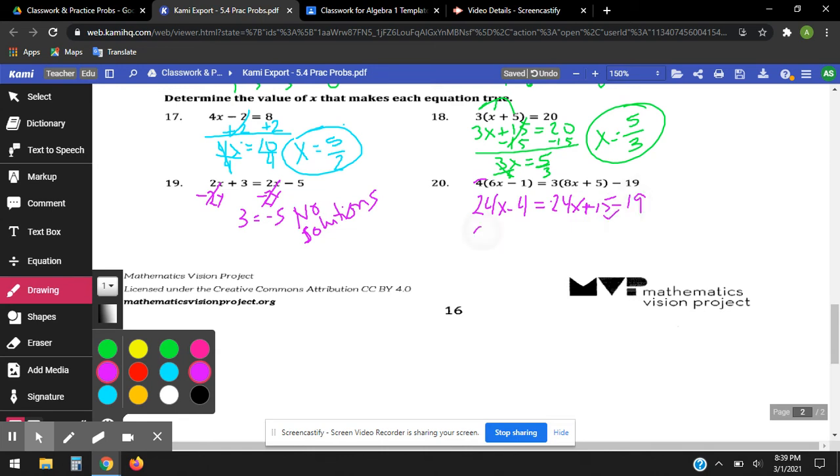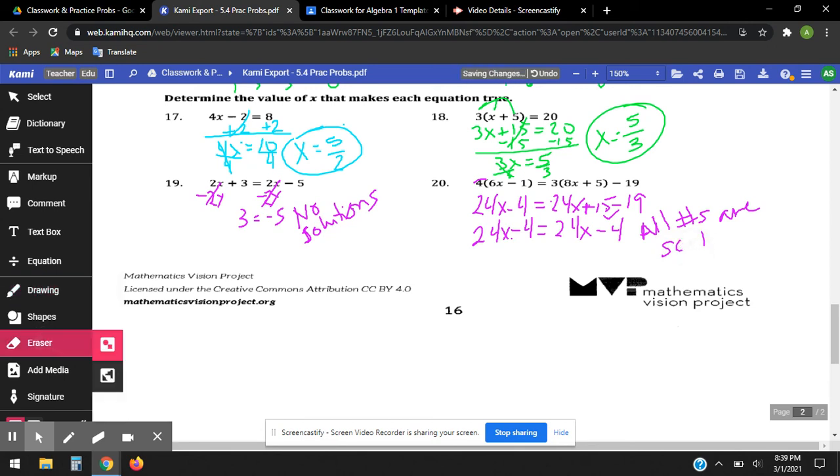Simplifying, I have 24x minus 4 equals 24x minus 4. They're both exactly the same, which means all numbers are solutions. So all numbers make a solution, and that one does not.